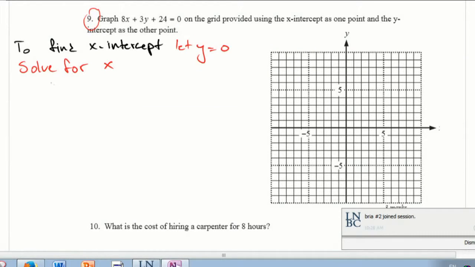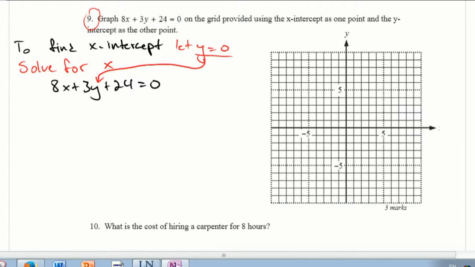So I'm going to take my equation, 8x plus 3y plus 24 is equal to 0, and anywhere there's a y, I'm going to put in 0. So I get 8x plus 3 times 0 plus 24 is equal to 0.